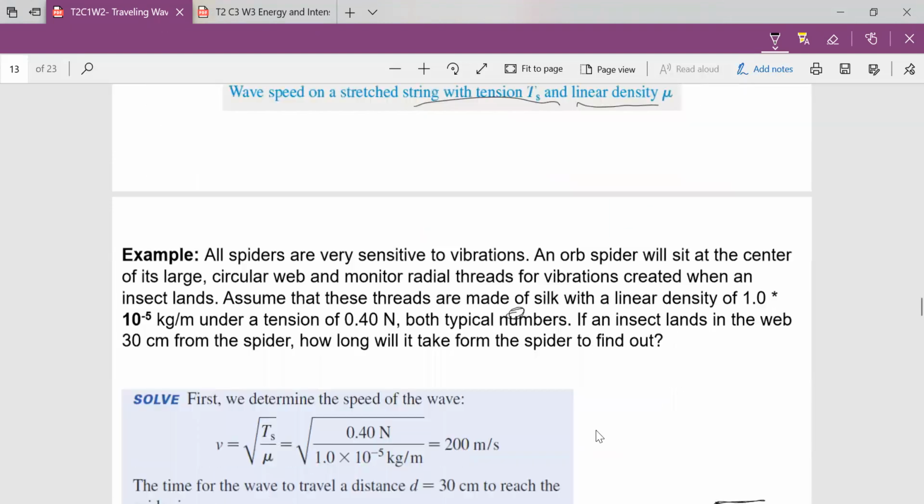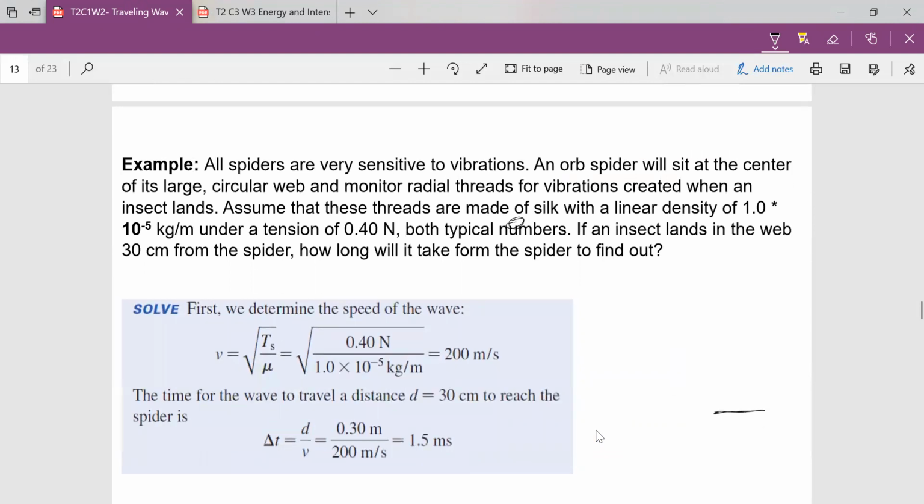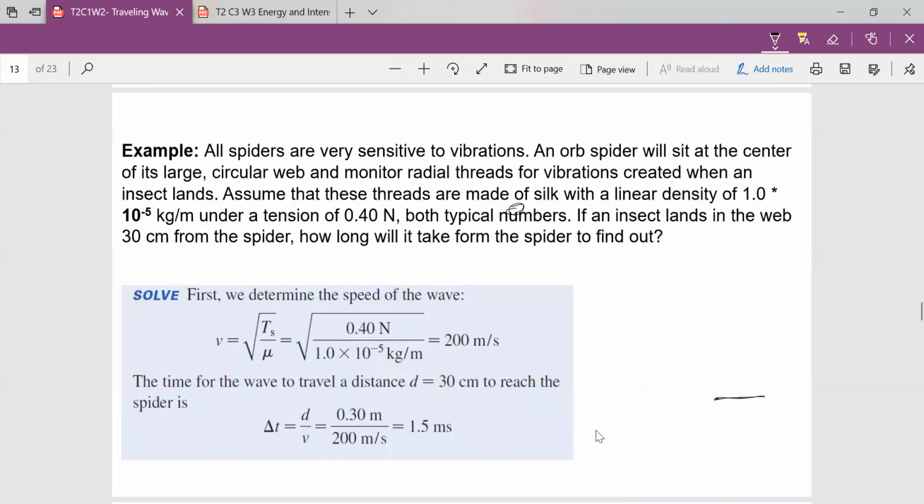Okay, so let's take an example to apply this formula. Spiders are very sensitive to vibrations. An orb spider will sit at the center of its large circular web and monitor radar threads for vibration created when an insect lands.